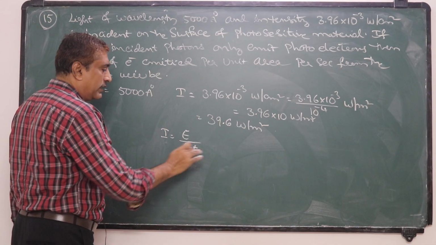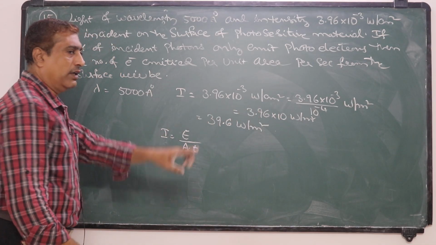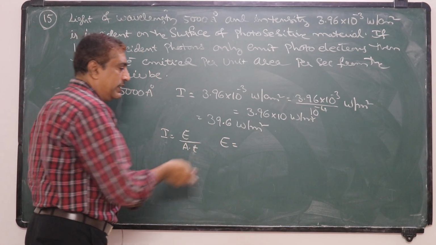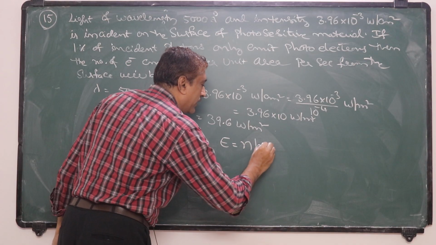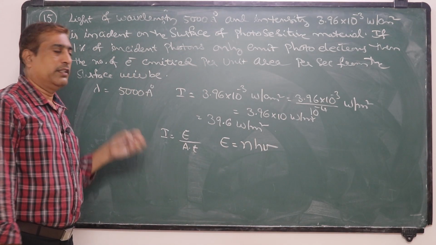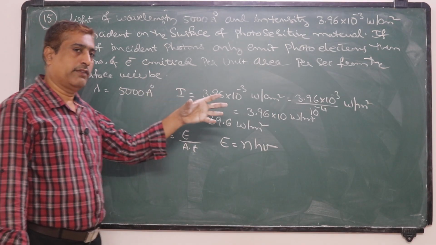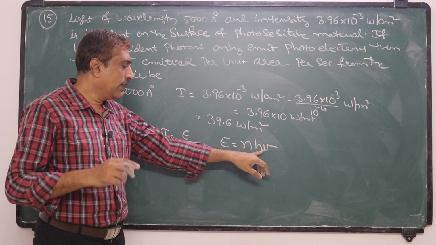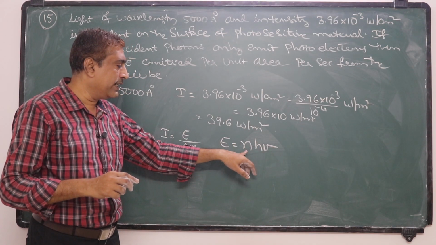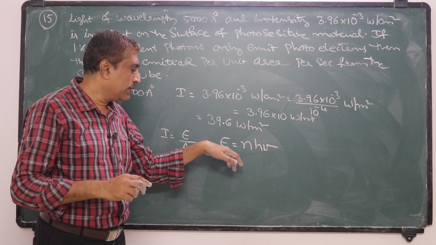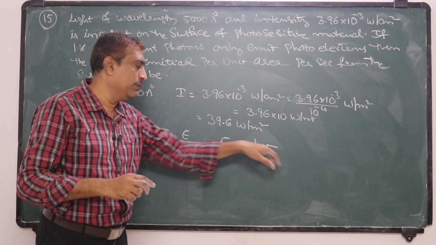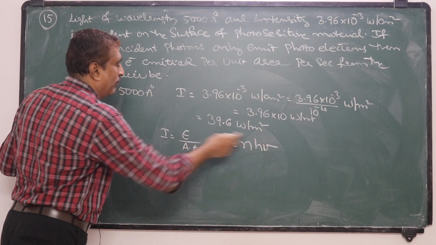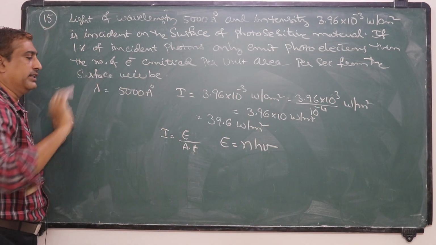Now by quantum theory, the light energy is equal to the number of photons times the energy h nu of each photon. If it contains n number of photons, the total energy is n into h nu.